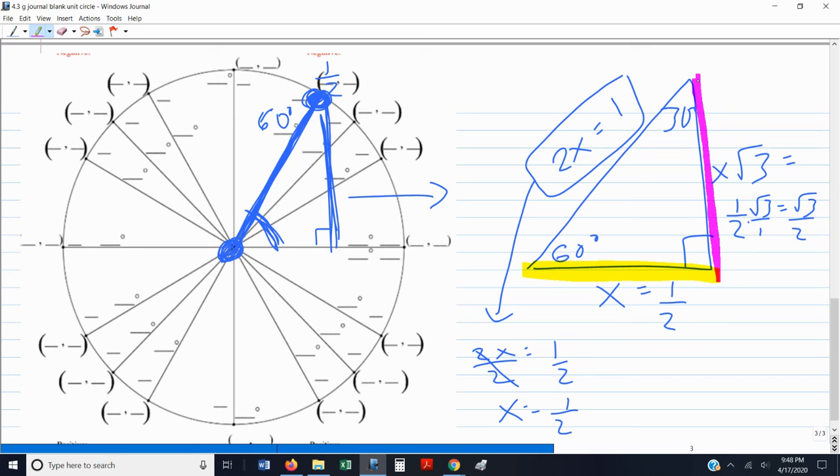That is highlighted in magenta, and it is root 3 over 2. So that one written nicely is 1/2, comma, root 3 over 2. Very similar to the 30-degree angle, the first one that we did, because that was also a 30, 60, 90 triangle. All right, so those are the first 3 coordinates in quadrant 1 of the unit circle.